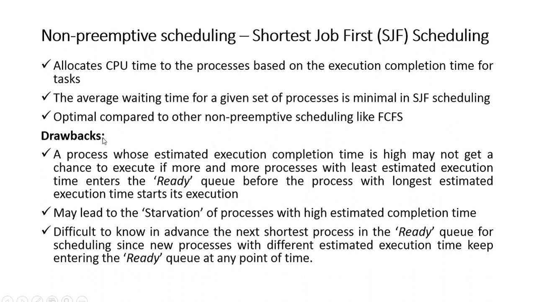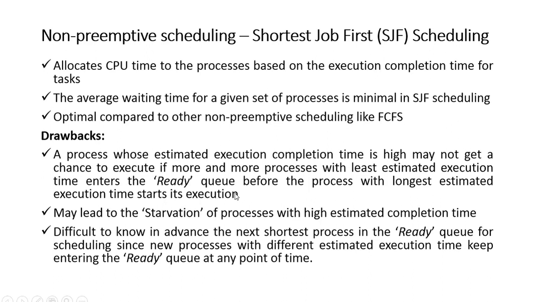Now, what are the drawbacks? A process whose estimated execution completion time is high may not get a chance to execute if more and more processes with least estimated execution time enter the ready queue before the process with the longest estimated execution time starts its execution.